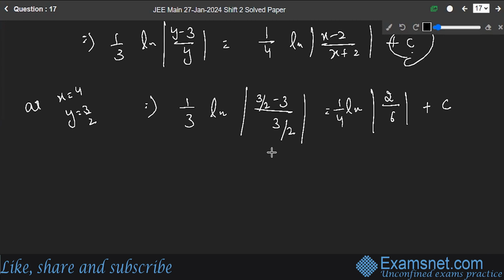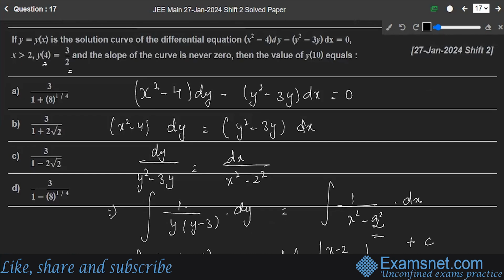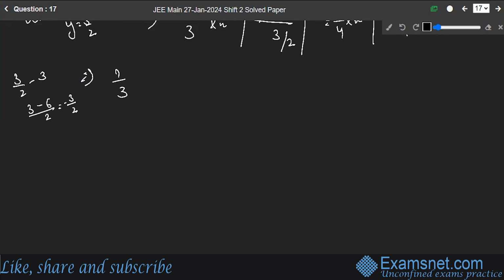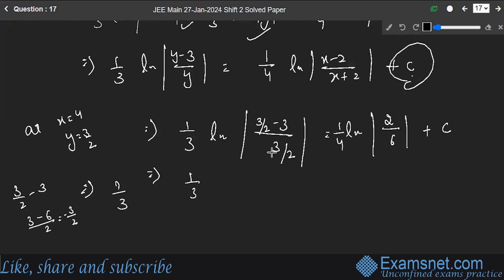Now I'm just solving it over here. 3/2 minus 3 is minus 3/2, so the ratio will be equal to minus 1. So log of mod of minus 1 is equal to this, 1/3 plus c.